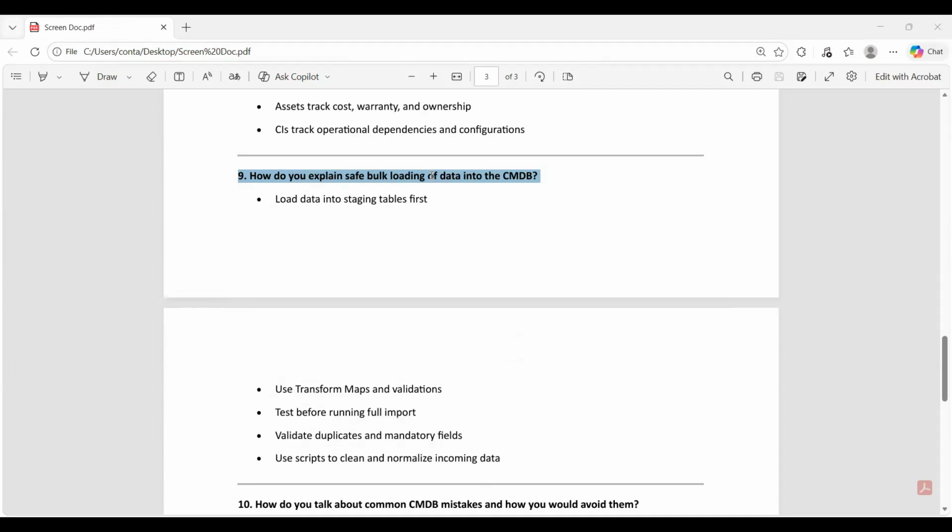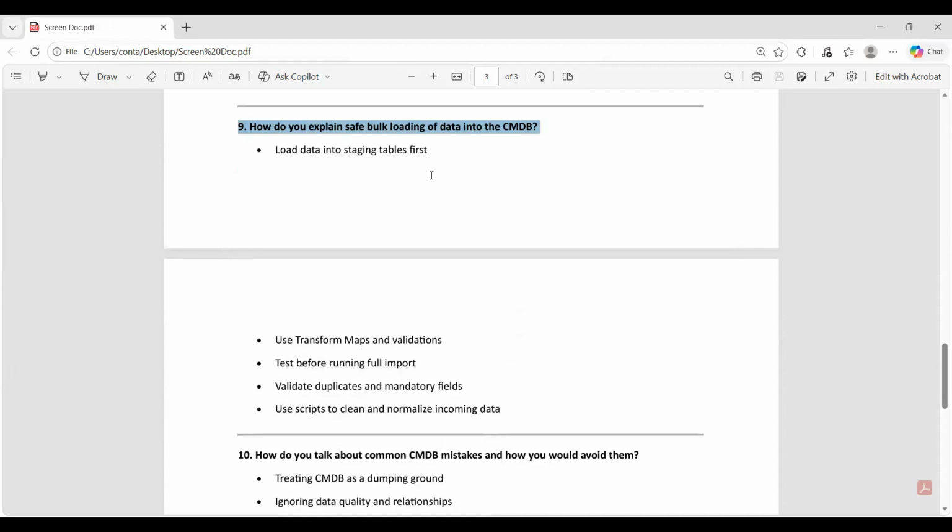In ServiceNow, it is also possible to test that import with a smaller sample. Along with that, in some cases, scripts are used in transform maps where we can normalize or clean the incoming data as well. So this approach ensures safe and high quality bulk uploading in CMDB of ServiceNow.